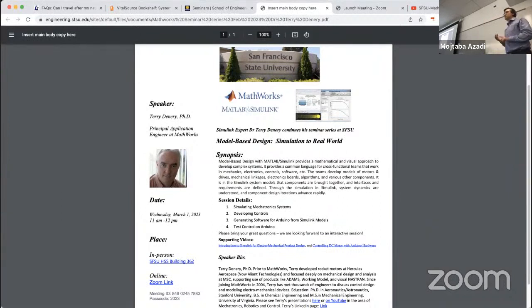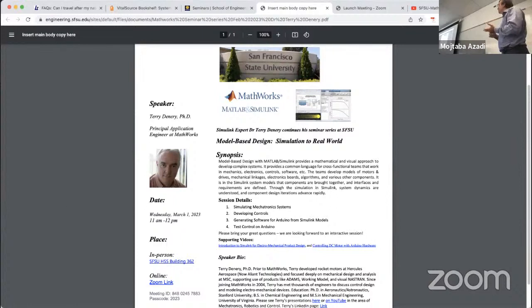Basically, we have students from System Dynamics, Engineering 205, and a Control class, I can see, and some other students. We have had some sessions before with Mathworks, and our students enjoyed the interaction with them. They are using different toolboxes in different courses.